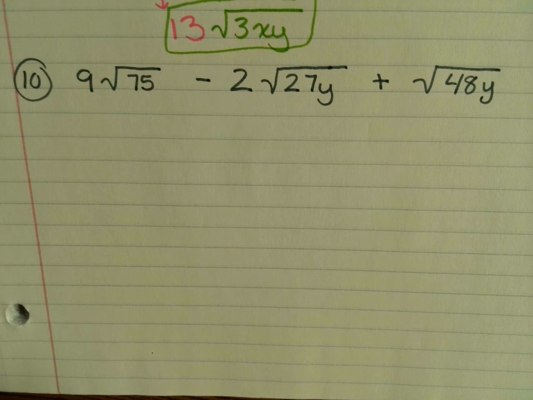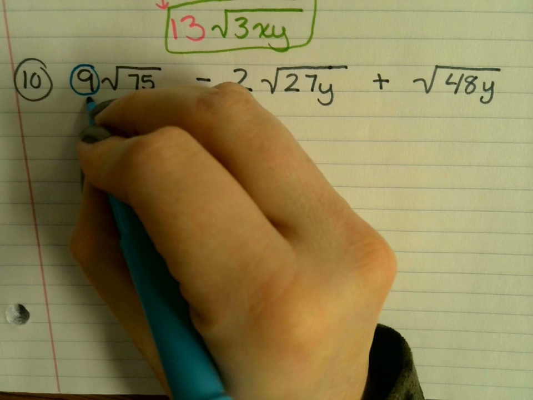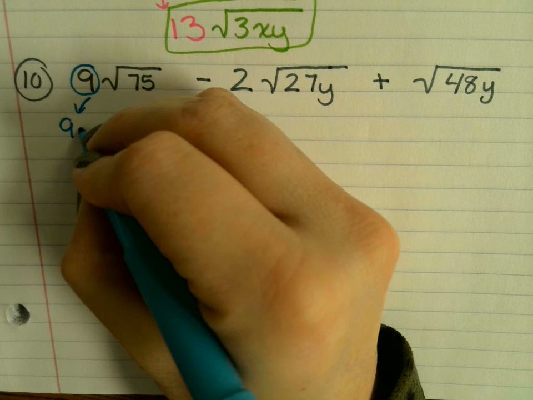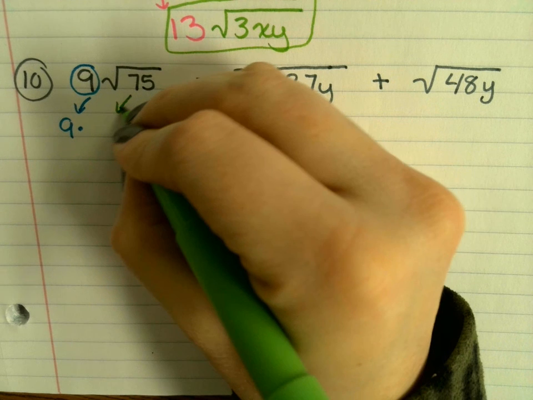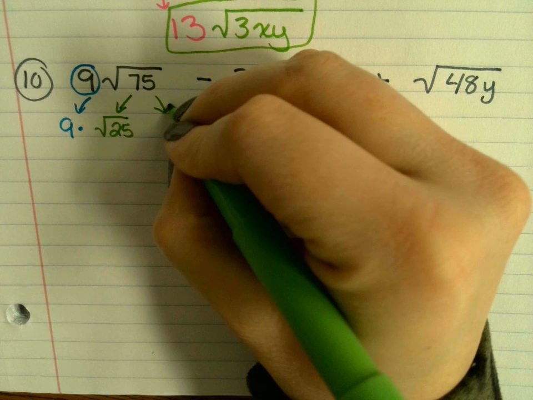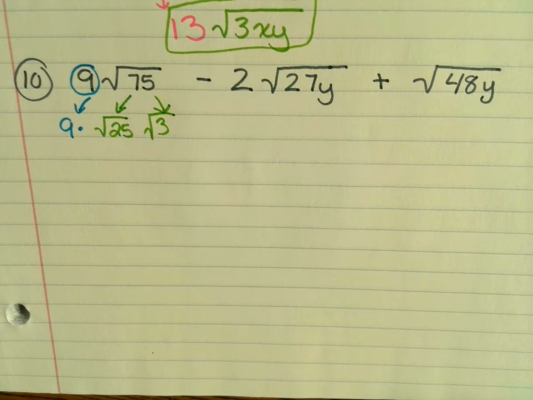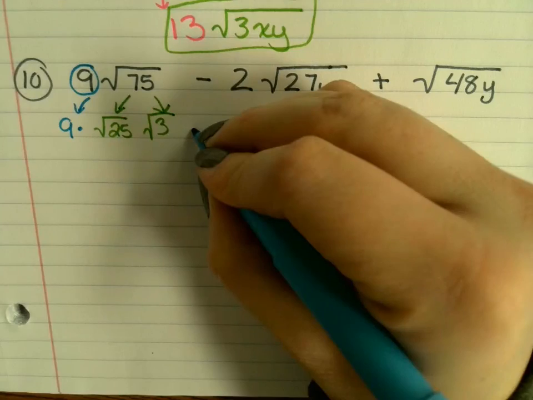That 9's going to come out here in front. The square root of 75 can be broken apart into square root of 25 and square root of 3. Then we have a minus, and I'll just go ahead and keep it in the blue, minus 2. That's going to come out here in front.